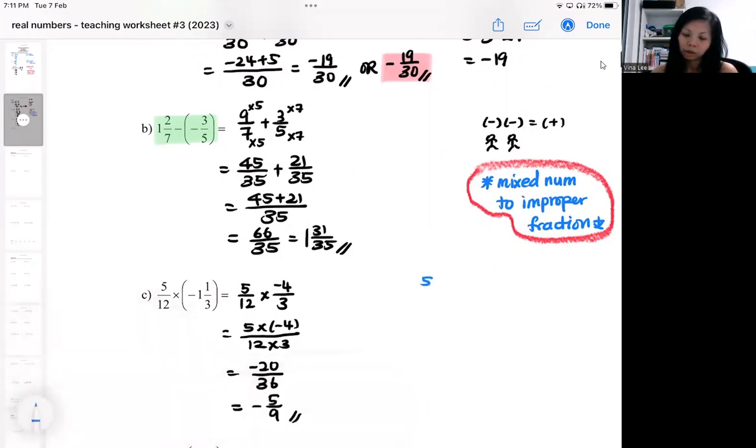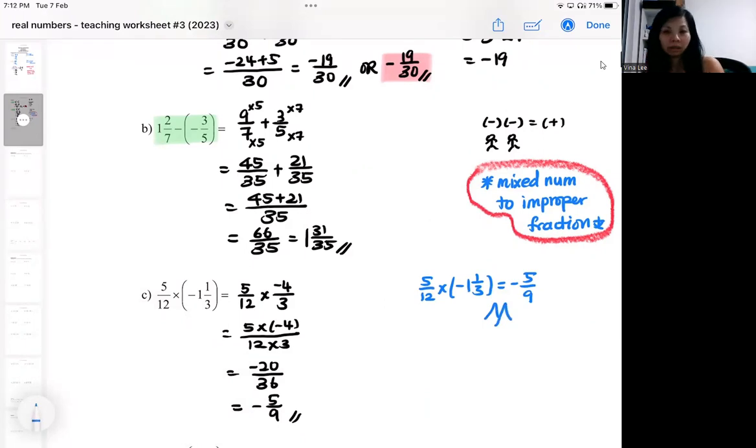So let's say for this question, if you just punch calculator, your calculator gives you this. Even though it's correct, your teacher will give you a lot of carrots because there's no working to show how you arrive at -5/9. So obviously, if you get a direct -5/9, you have punched calculator directly.